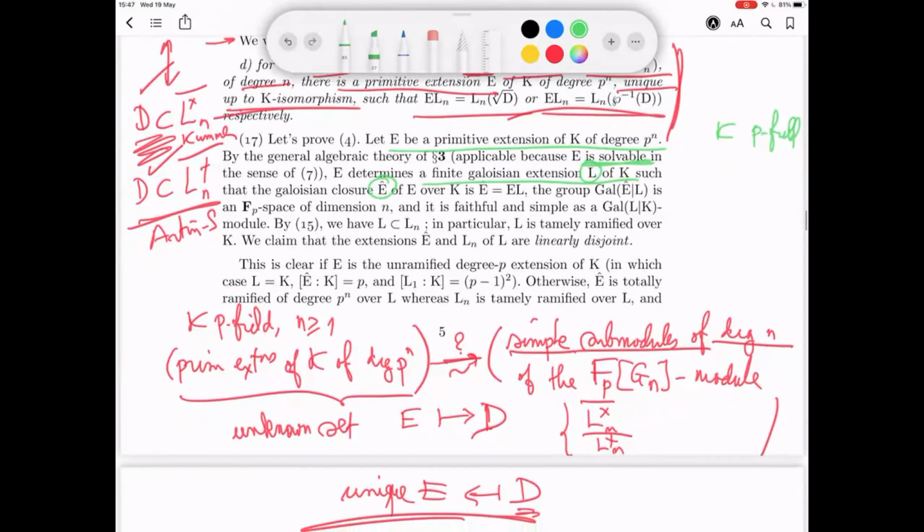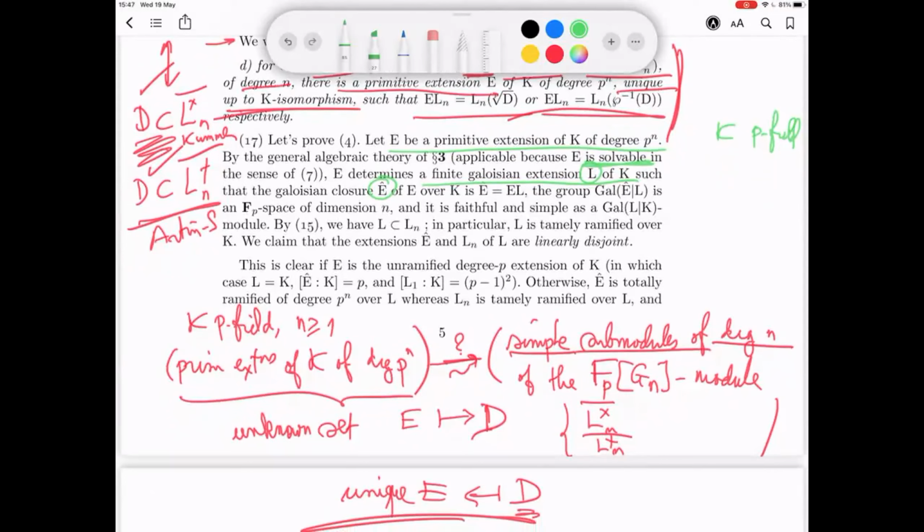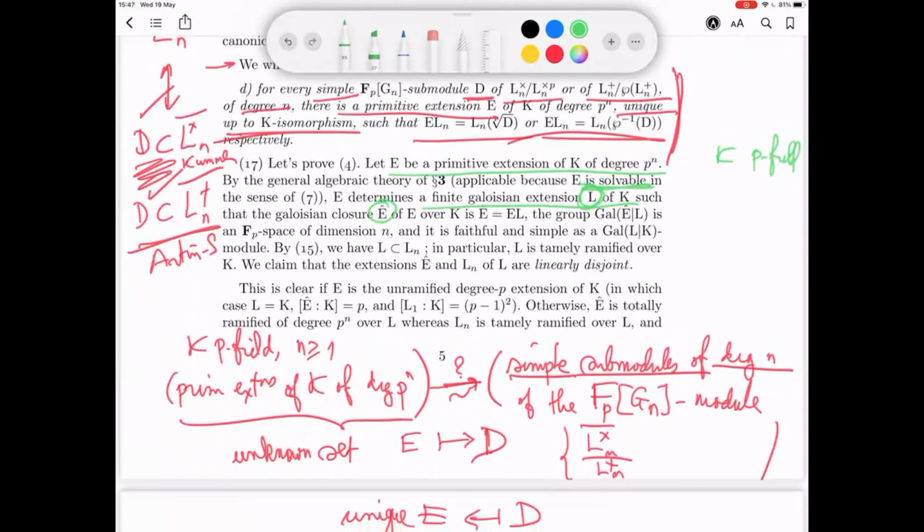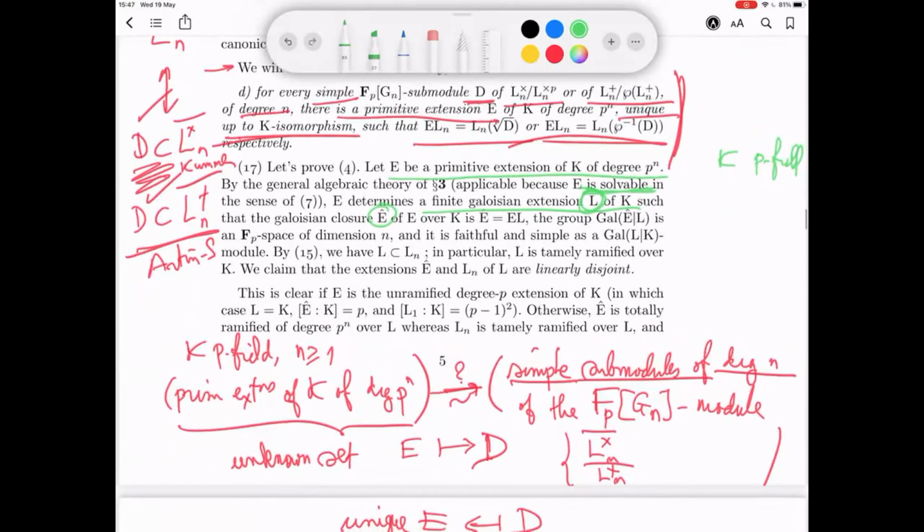So we have determined the structure of primitive soluble subgroups of Sn and so on. And we saw that there's a unique minimal normal subgroup, and that's of order p to the n, and so on. And the quotient gives this extension L that depends upon E. So there's a finite Galois, and the quotient, and that sequence splits.